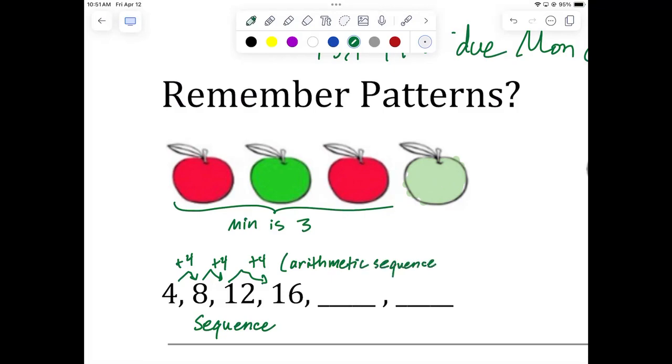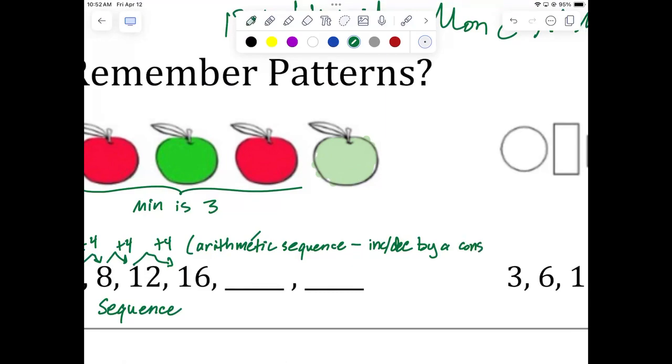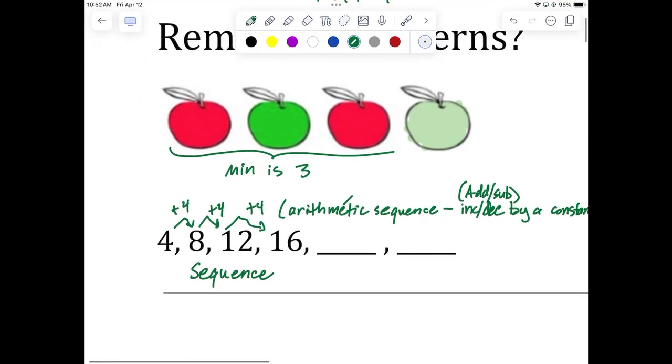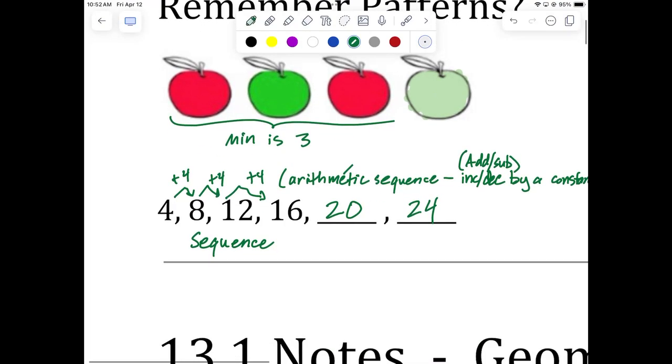It looks like the word arithmetic, but because it is an adjective, we pronounce it arithmetic, with the accent on the E. What an arithmetic sequence is, is it increases or decreases by a constant. And when I say increasing or decreasing, I mean add or subtract. That's what an arithmetic sequence is. So if you spot the sequence, what's 16 plus 4? 20. What's 20 plus 4? 24.